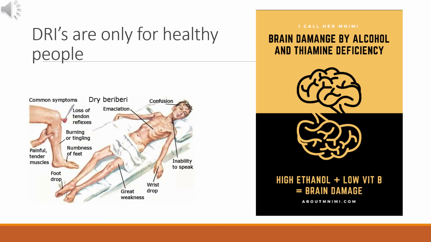Something important to note about the dietary reference intakes is that these values are only for healthy people. Somebody that is an alcoholic is going to process a very large amount of thiamine or vitamin B1. So the recommended intake in order for them to have optimal health from thiamine is going to be very, very high.